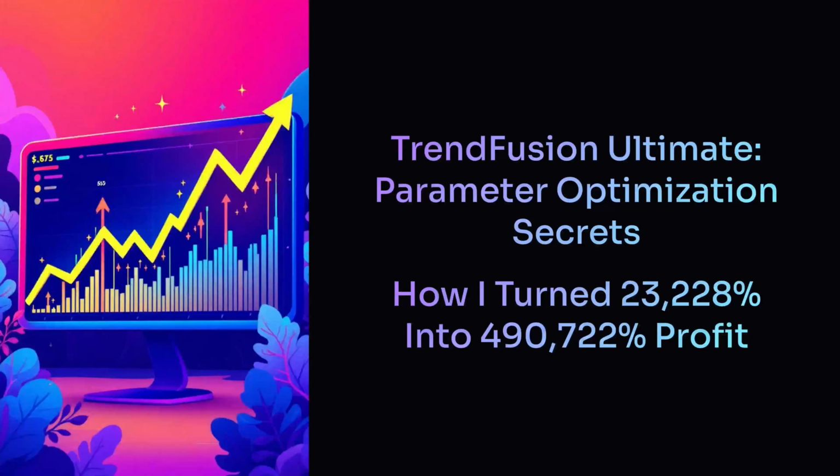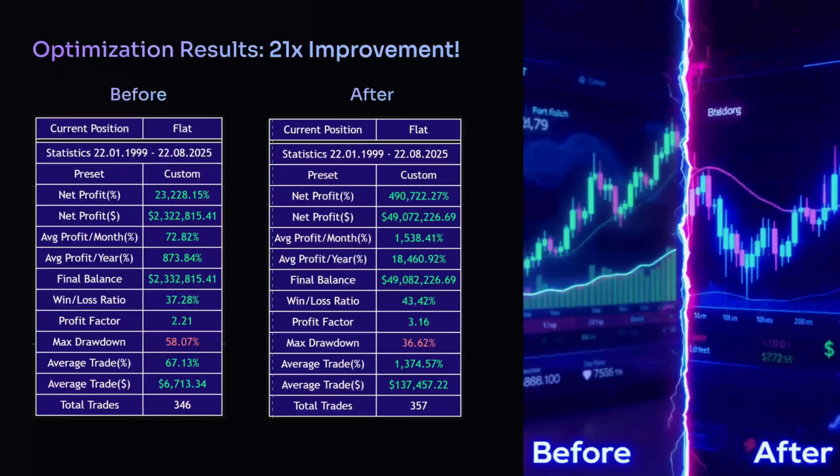Hello and welcome. After 5,000 traders downloaded the TrendFusion Ultimate trading system, the number one question was not how to install it, it was how to optimize it for maximum profits. Watch this.